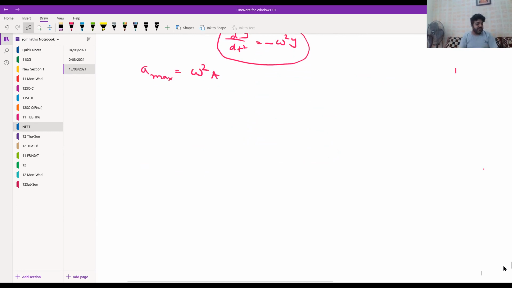The numerical is that y is given as 4 sine 2 pi (t by 0.02 minus x by 100).